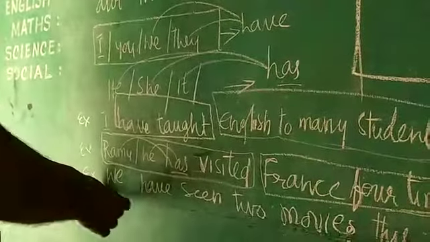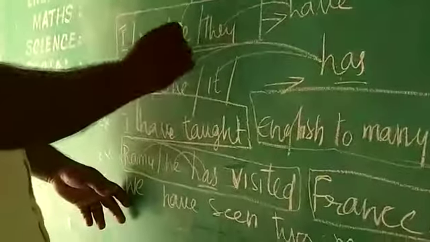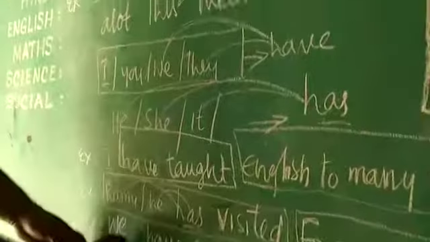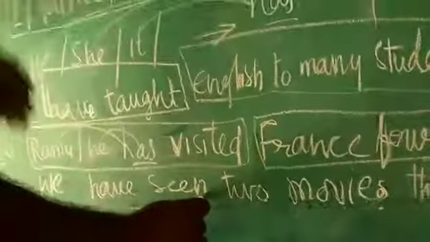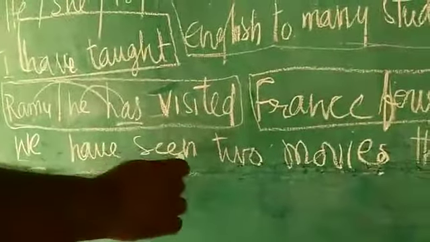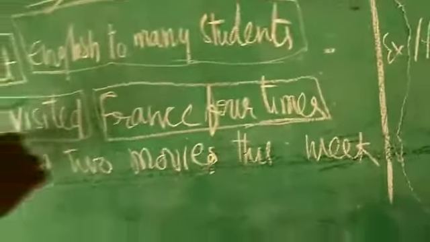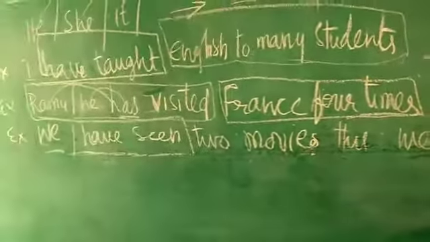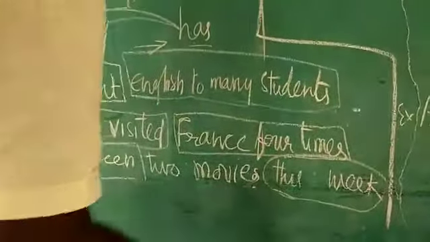Let's go with one more example. We have, I told you here, children. We have seen, see, saw, seen, that is V3. We have seen two movies this week. Here, children, the action began in the past. This week means, today is what day?